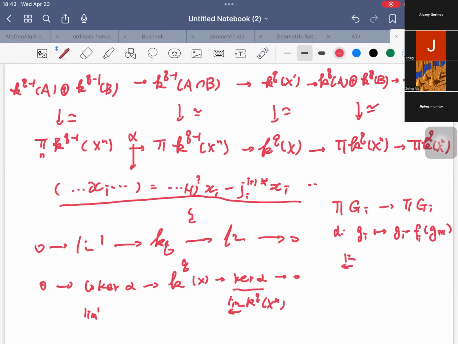The inverse limit you define as the kernel of R, and the co-kernel you just define as lim 1.